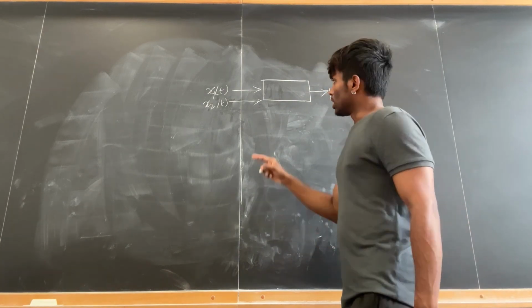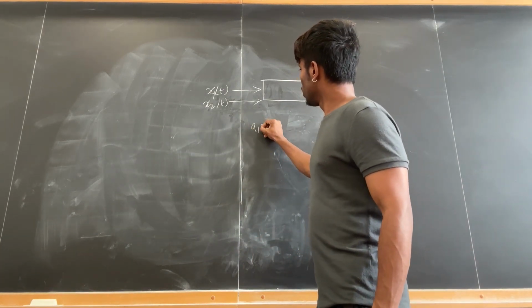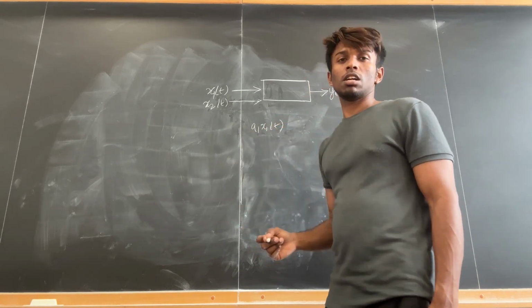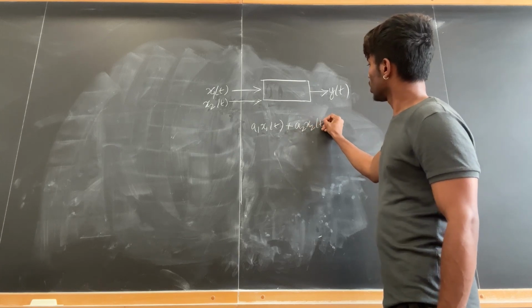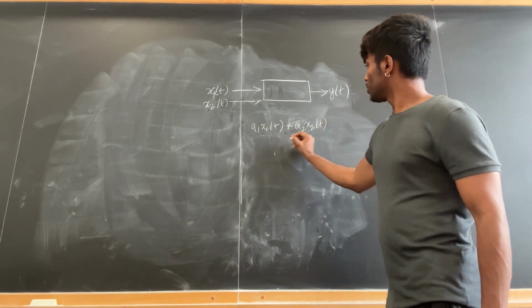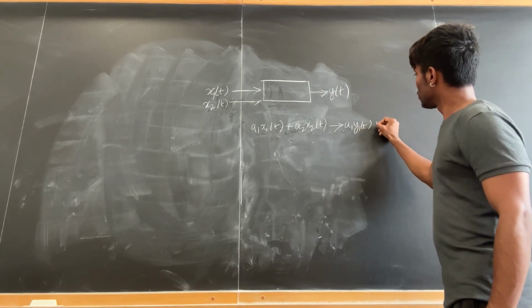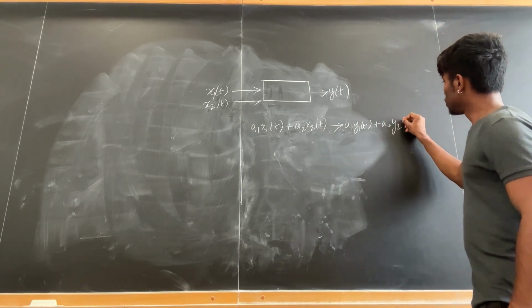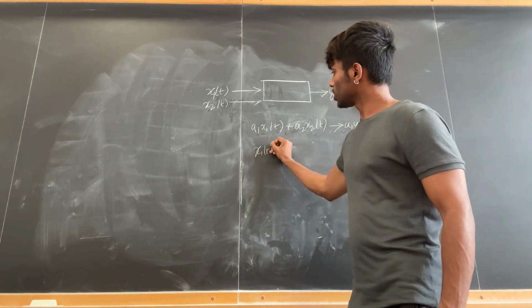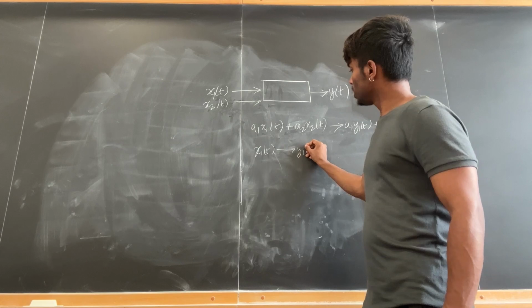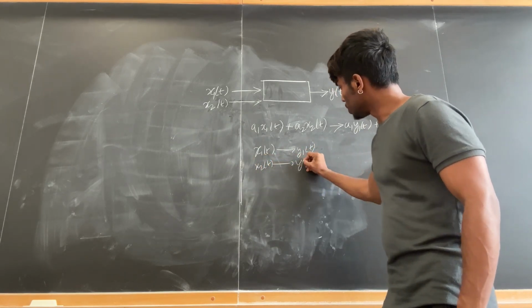So it holds the linearity property that if the system takes an input a1 x1(t) plus a2 x2(t), it shall give an output a1 y1(t) plus a2 y2(t), because x1(t) when fed to the system gives the output y1(t), and x2(t) has an output y2(t).